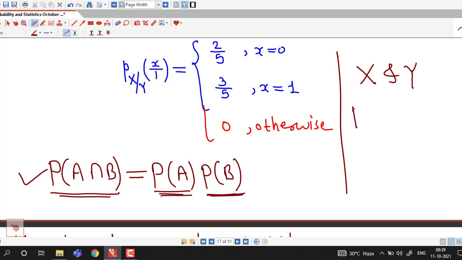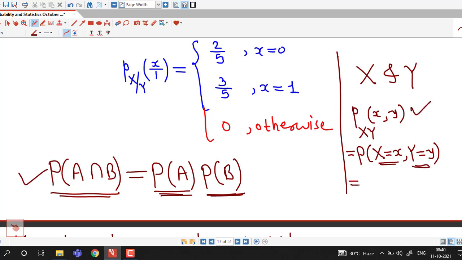If I consider p of xy, the joint PMF at point xy, then this is equal to the probability that X equals small x and Y equals small y. This is nothing but the probability of the intersection of these two events.